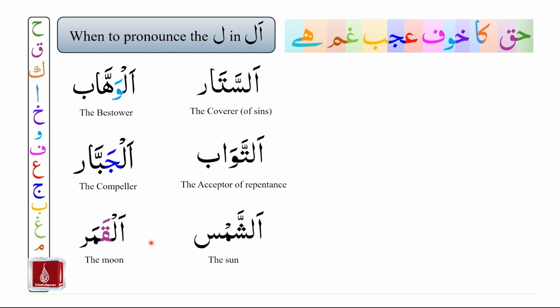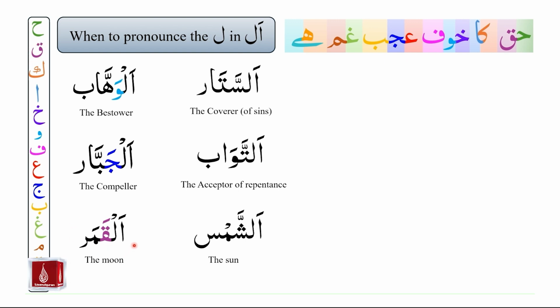The next example is Al-Qamar, which means the moon, and Ash-Shams, which means the sun. In Al-Qamar, I am pronouncing the lam. I am saying Al-Qamar. That means qaf must be in haq ka khauf ajab gham hai, and we do notice that qaf is present there.